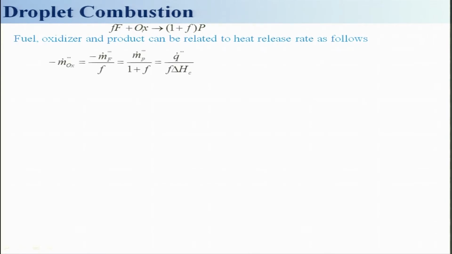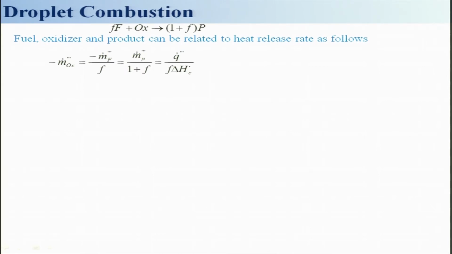The mass consumption of oxidizer per unit volume is equal to m dot triple dash_F divided by F, equal to product P divided by 1 plus F, and Q dot triple dash by F delta h_SC.